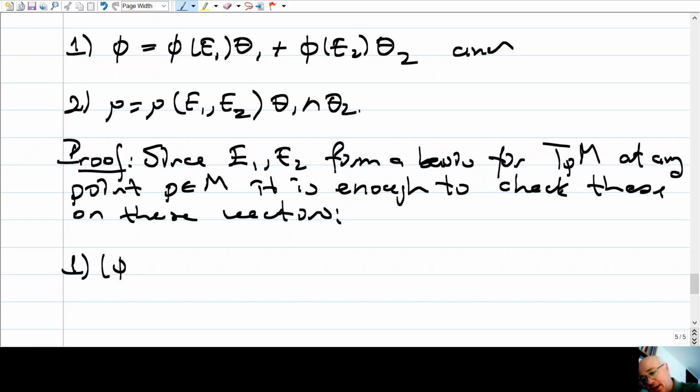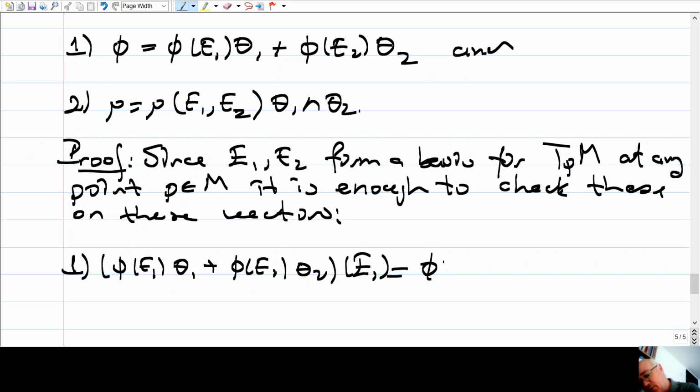So let's take this second form, this coefficient function, and then another coefficient function times theta 2 on the vector E1. So what is this? This is phi of E1 theta 1 of E1 plus phi of E2 theta 2 of E1.